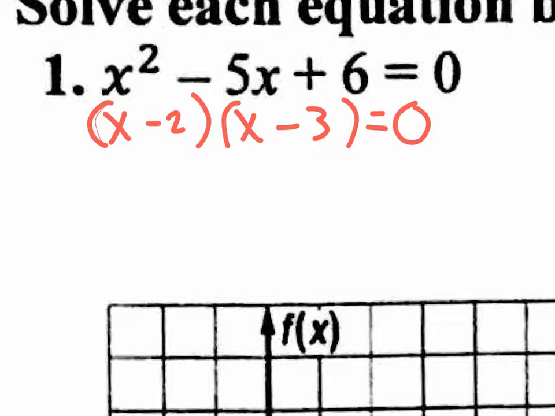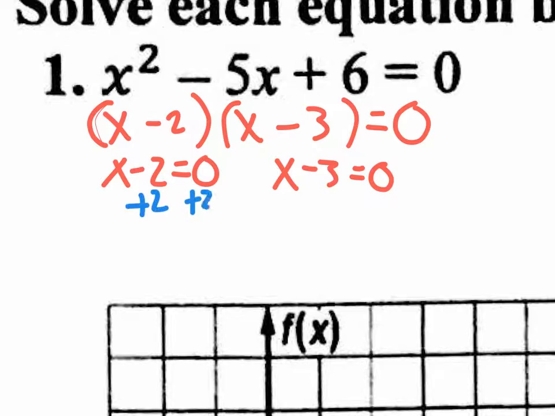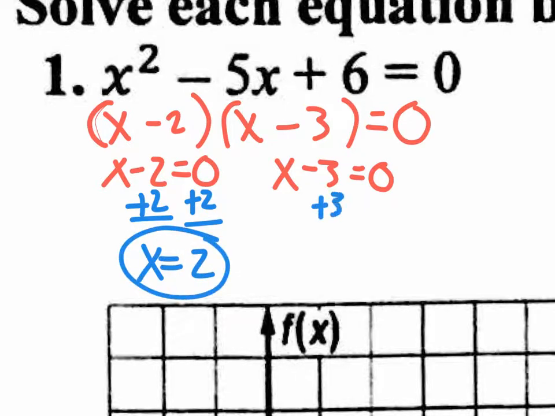So you factor it, and because it's equal to 0, we're going to be able to split it and solve. So I could split it and say x minus 2 equals 0, x minus 3 equals 0, which means that when you add 2 to both sides, you get the answer x equals 2, and on the other one, add 3 to both sides, and you get the answer x equals 3.